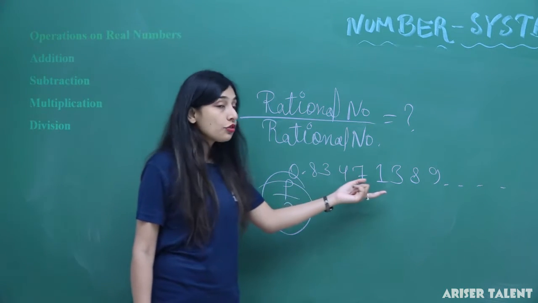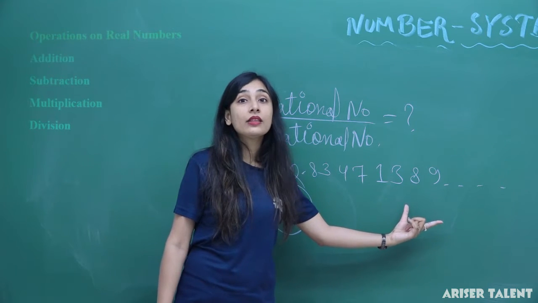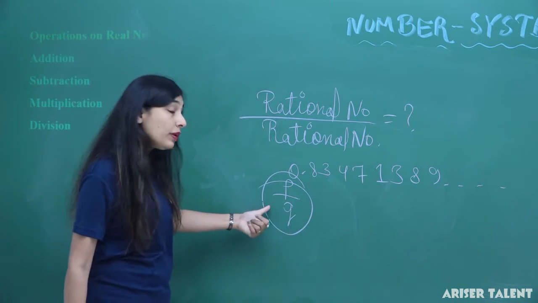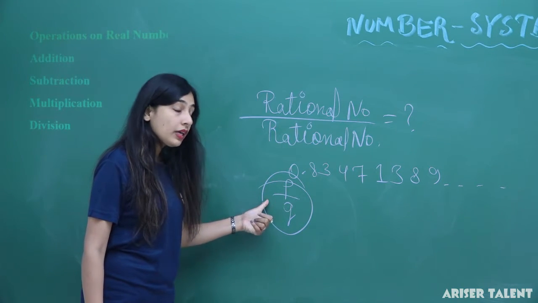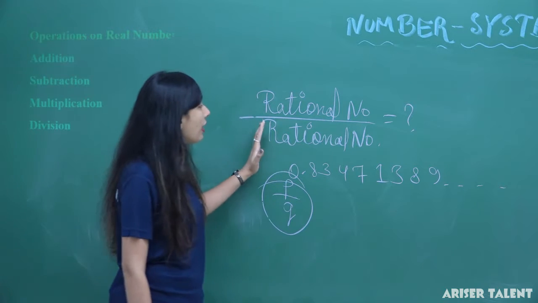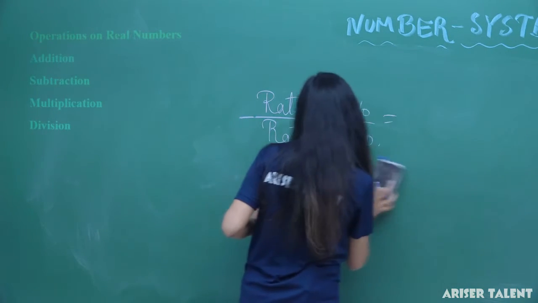So that means this should also be a rational number. Now, if this is non-terminating and non-recurring, that means it cannot be converted into P by Q form. That means a rational number divided by a rational number is always a rational number.